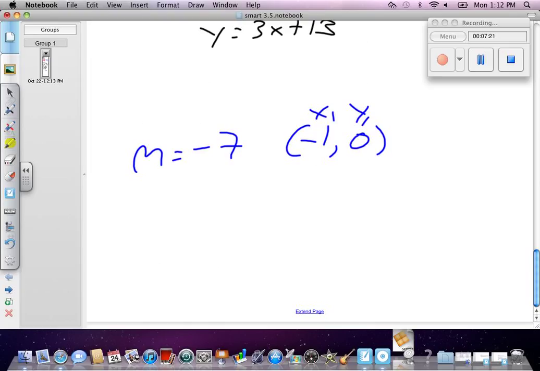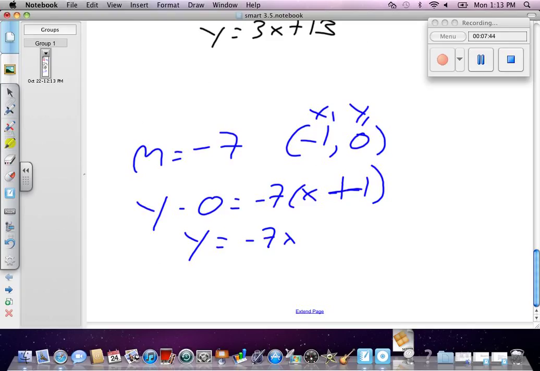Why can we just write the slope-intercept form and then you don't know what the y-intercept is? Yes, you can solve it for the y-intercept if you want to do it that way. I think point-slope is easier. You can totally do it that way. Okay, so I'm going to write y minus y1 equals the slope times x minus x1. 2 negatives make a positive. And then I'm just going to distribute. Why did I just put y and not y minus 0? Because it doesn't matter, right?